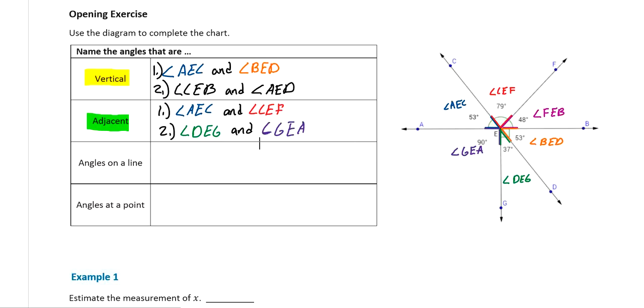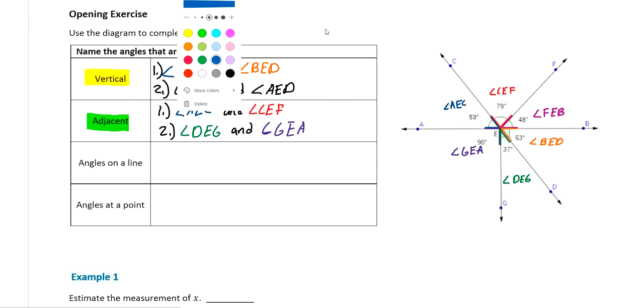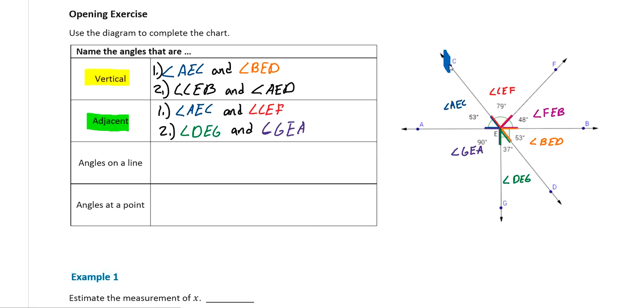All right, let's talk about angles on a line. Angles on a line, we'll put those in blue. Why not? So to be angles on a line, well, first off, you have to have a line. So let's see, what lines do we have here? Well, we have line CD. So what angles make up line CD?